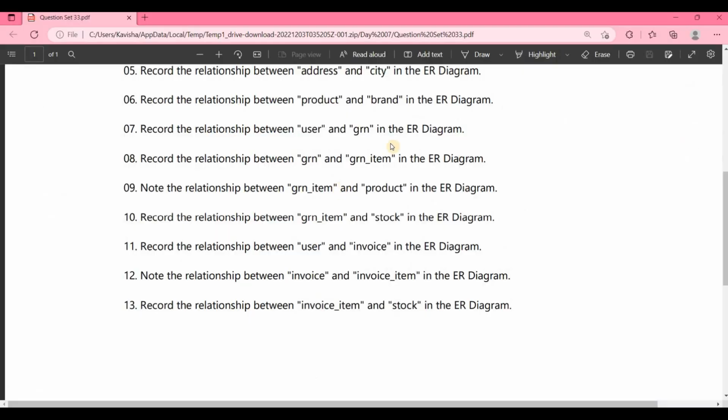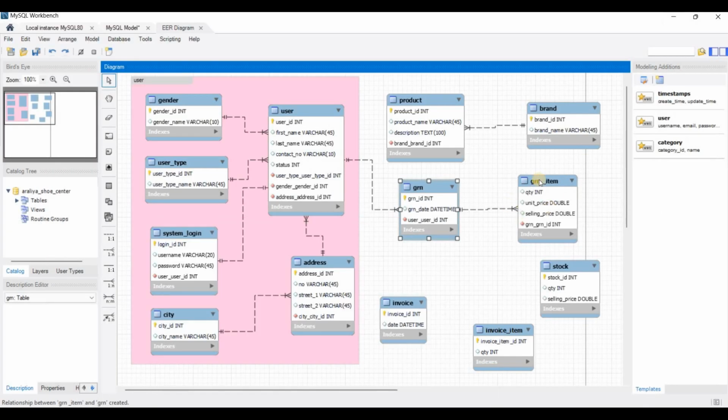In the next question, the ninth question, note the relationship between GRN item and product table. So let's see. We have to get the relationship between GRN item and the product table. So here's the GRN item table, here's the product table.